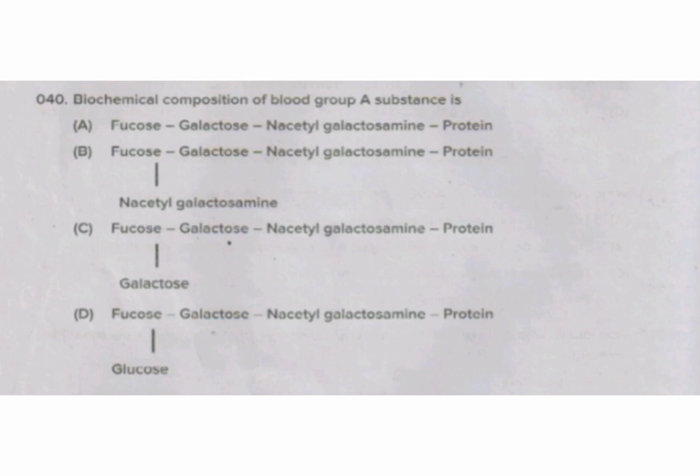Option C, fucose, galactose, N-acetyl galactosamine, protein, galactose. Option D, fucose, galactose, N-acetyl galactosamine, protein, glucose. The answer is option B, fucose, galactose, N-acetyl galactosamine, protein, N-acetyl galactosamine.